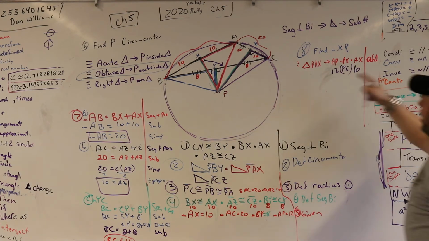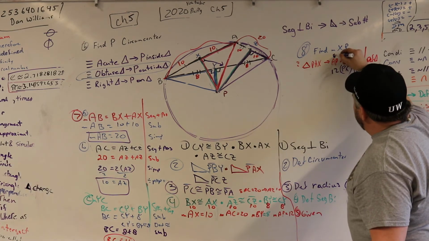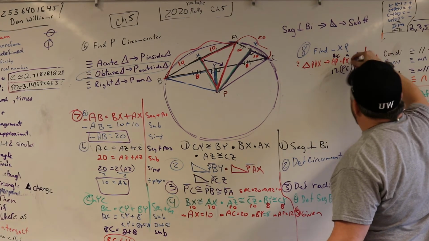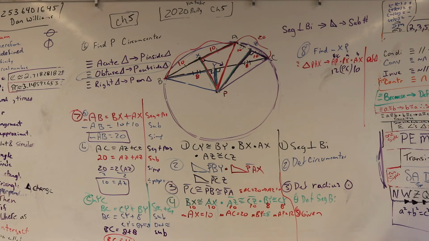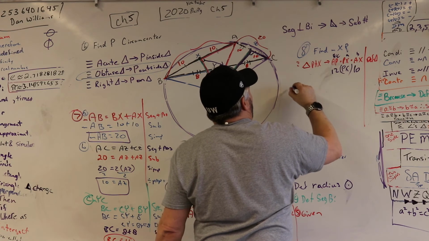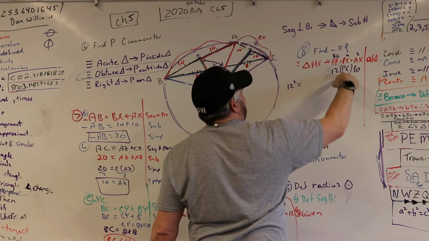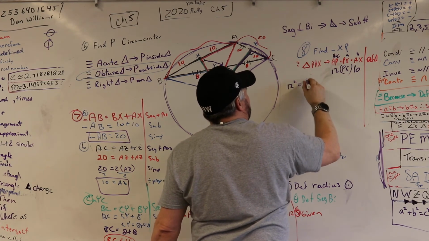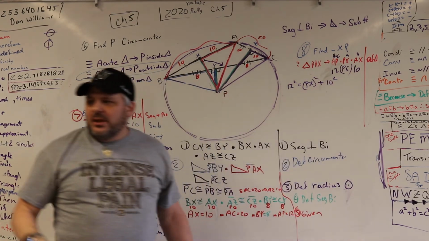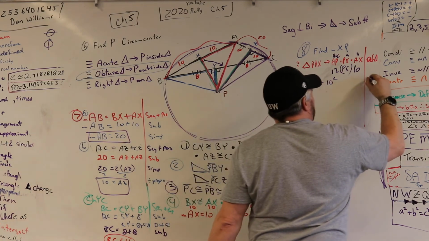Okay? So we know this is your hypotenuse, which is equal to C. That means this is A and B or B and A, it doesn't matter. So, C squared, right? So, 12 squared equals PX squared plus 10 squared, right? Pythagorean theorem.